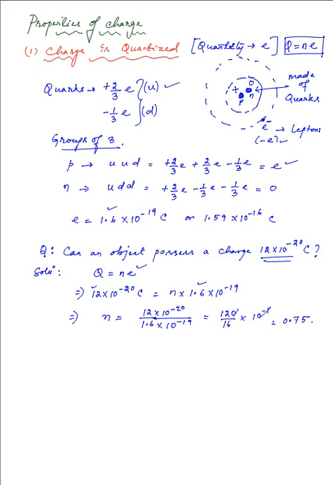Now from this also, what we can say is, how many number of electrons make up 1 coulomb of charge? Let me change that question for you.